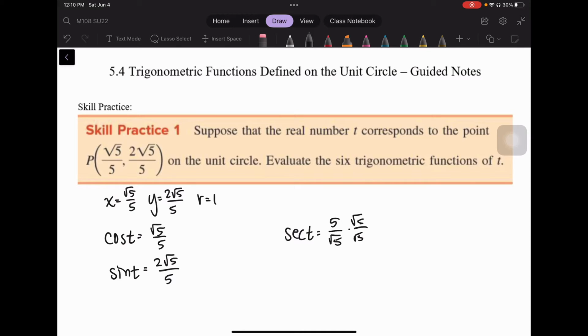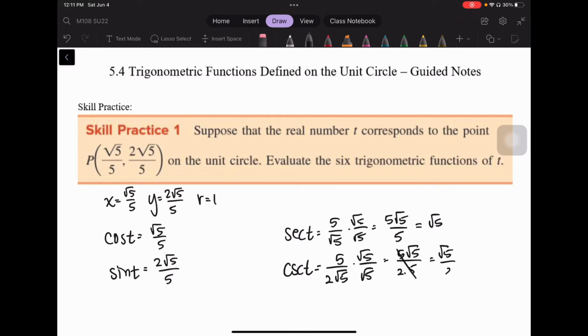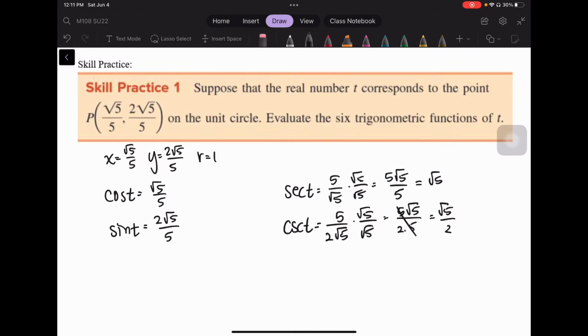Rationalizing, we get 5 root 5 over 5, which is just root 5. The cosecant is the reciprocal of sine, rationalized. That's 5 root 5 over 2 times 5, or root 5 over 2, doing some fast fraction math.